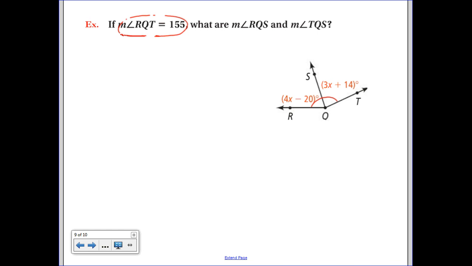And we can see from the picture the way it's labeled, when you add the two pieces together, so 4x minus 20 plus 3x plus 14, it should equal the total, which was given as 155. And then this is just a linear equation that we have to solve. I see some like terms to combine, 4x and 3x. I see a minus 20 and a plus 14.